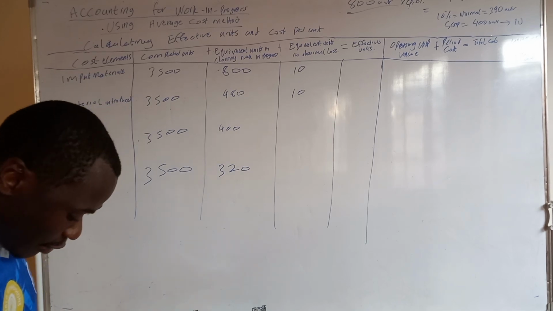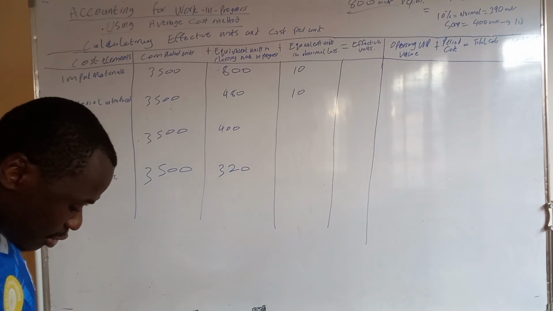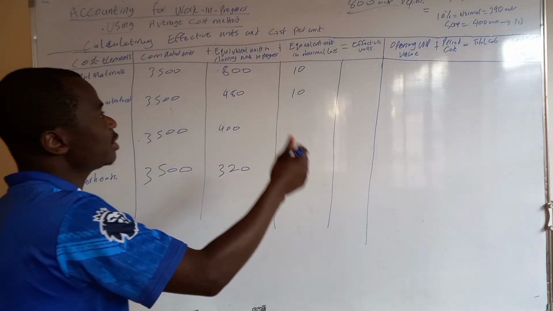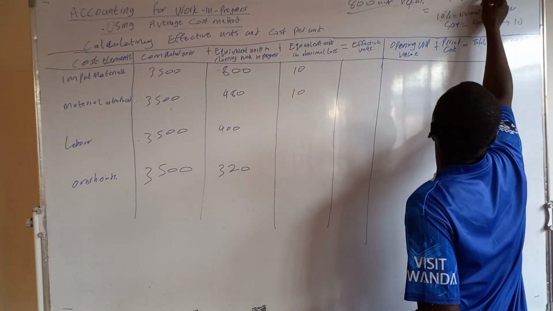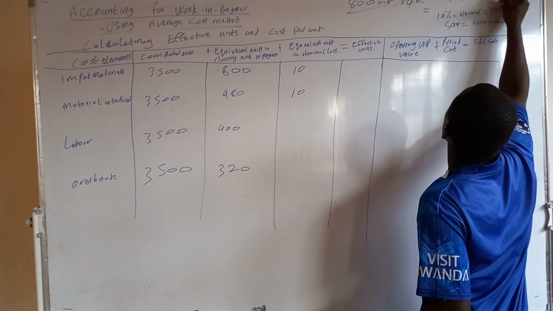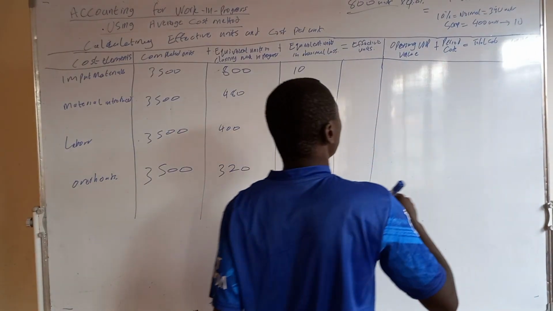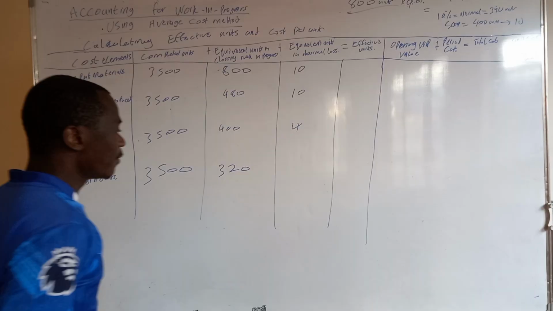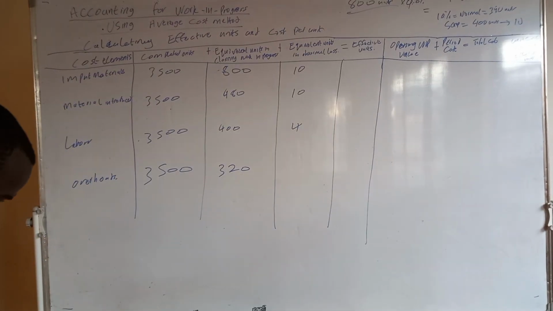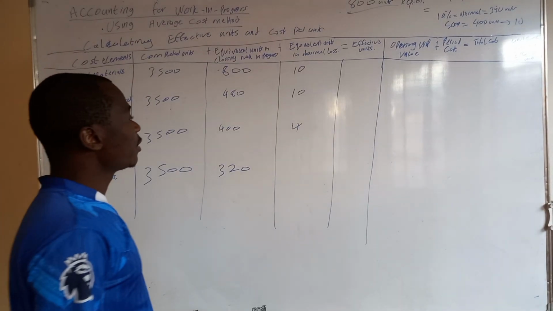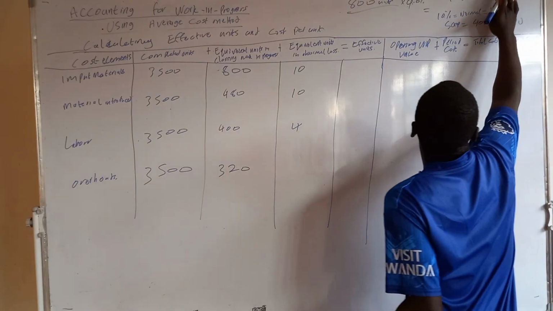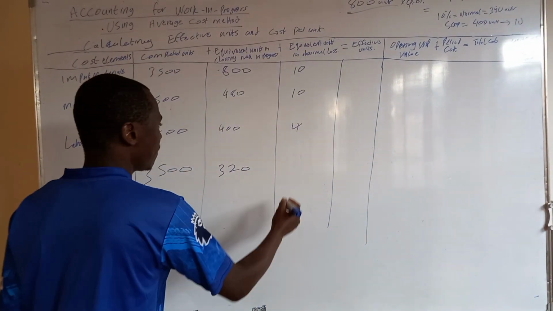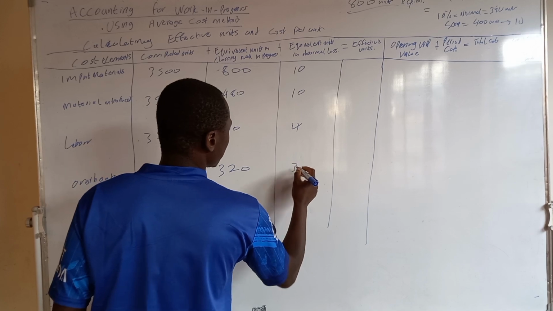And then we go to labor. Labor was 40%. This stands for 0.4. That gives us 4 units. Then we had overheads. Overheads was 30%. You multiply by 0.3. We get 3 units.